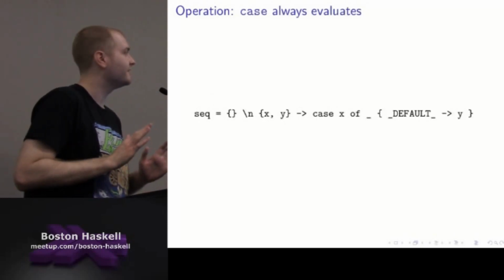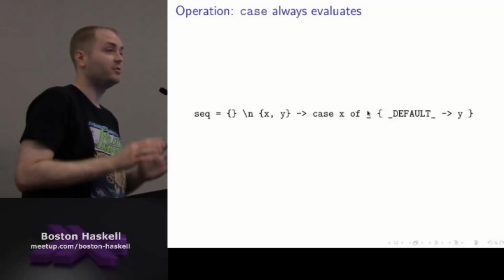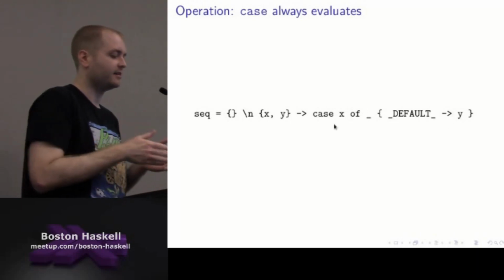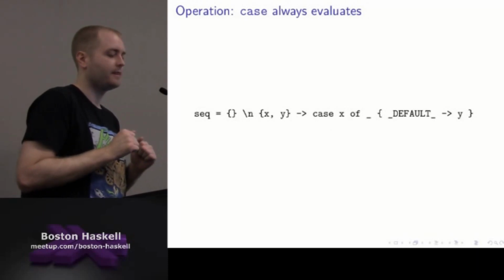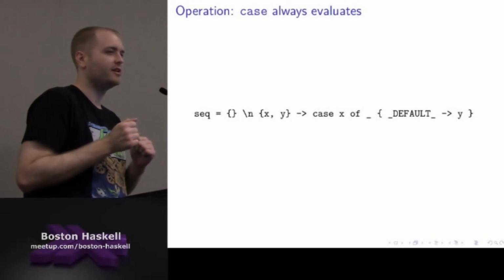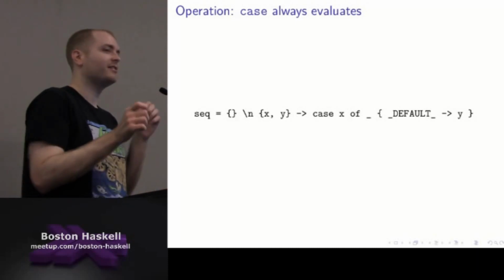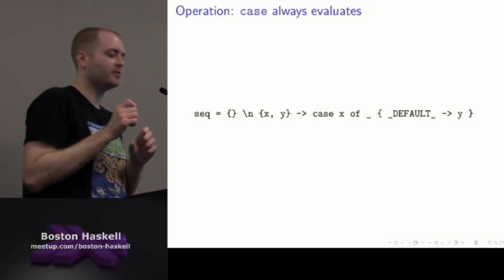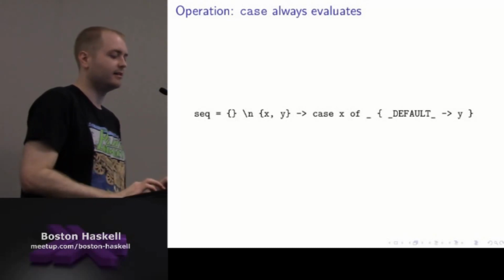I guess I should say GHC will reorder cases, just like seq doesn't give you a guaranteed ordering. It just says that by the time the result is demanded, both of these things will have been evaluated, more or less. So you don't necessarily know that cases won't get reordered, but whatever it decides, it will evaluate them in that order.